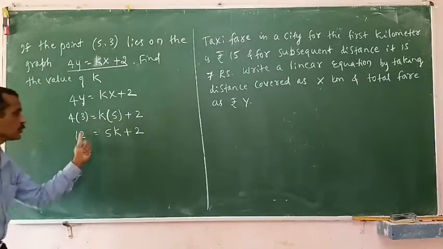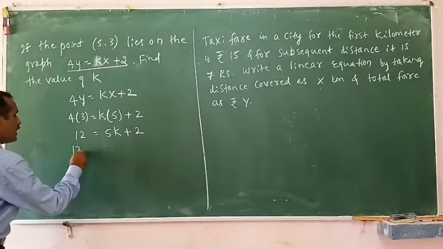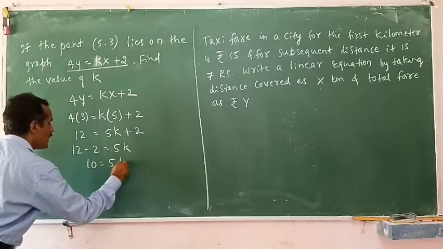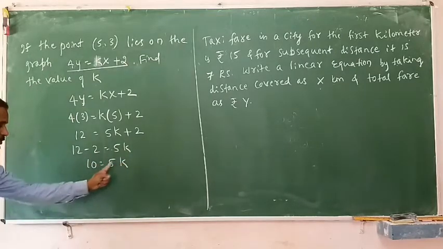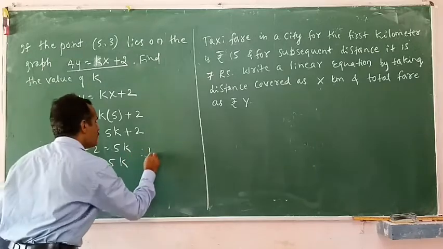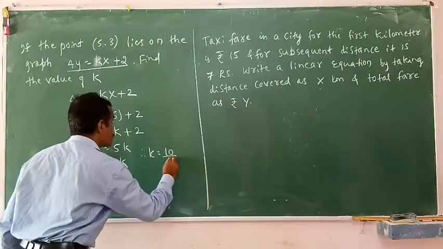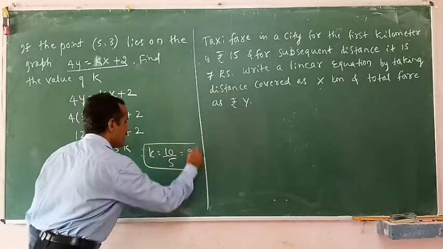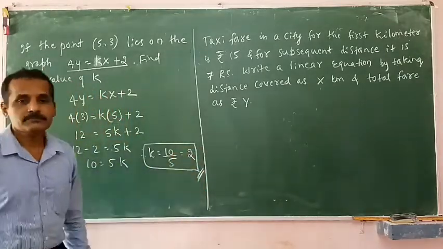I will shift this 2 to the LHS. 12 minus 2 is equals to 5k. 10 is equals to 5k. Therefore, k is equals to 10 by 5. The answer is 2. That is the end of the problem.